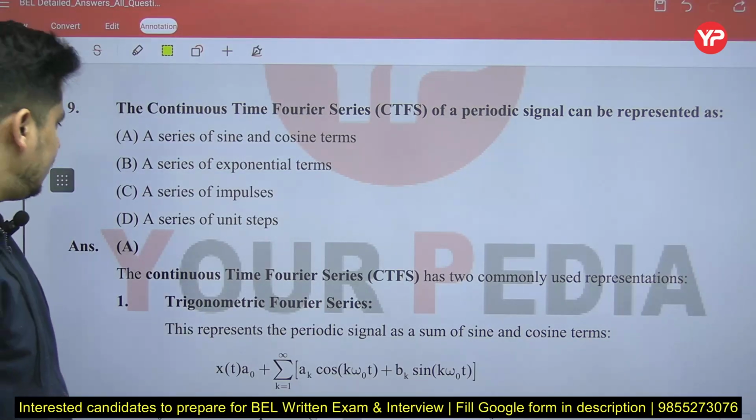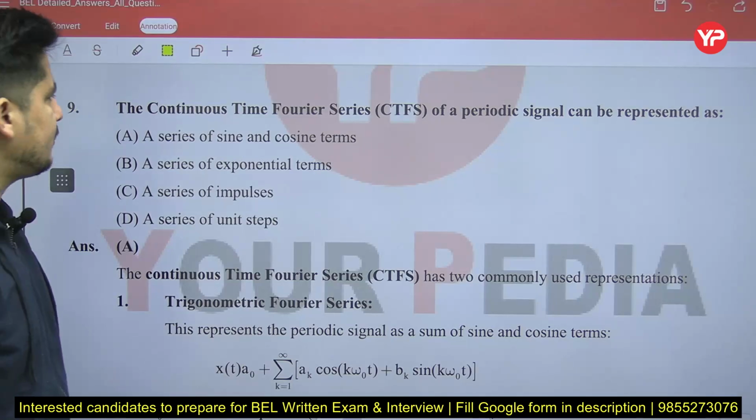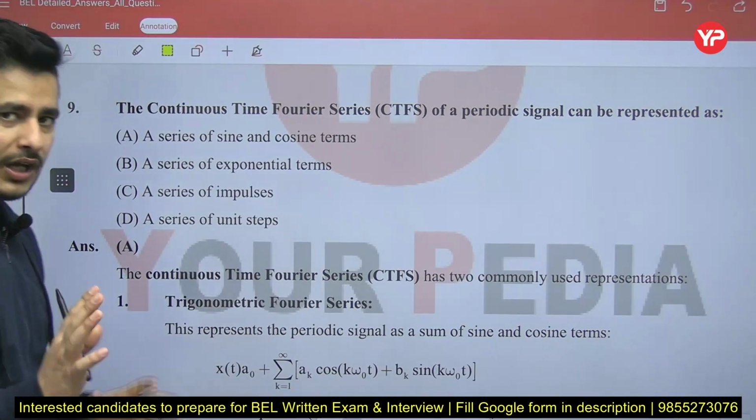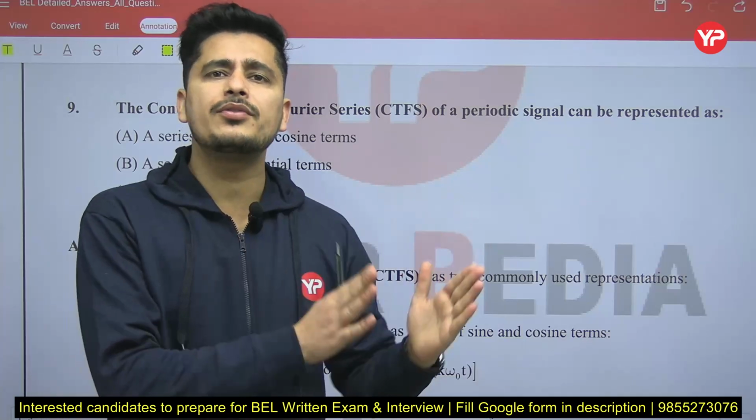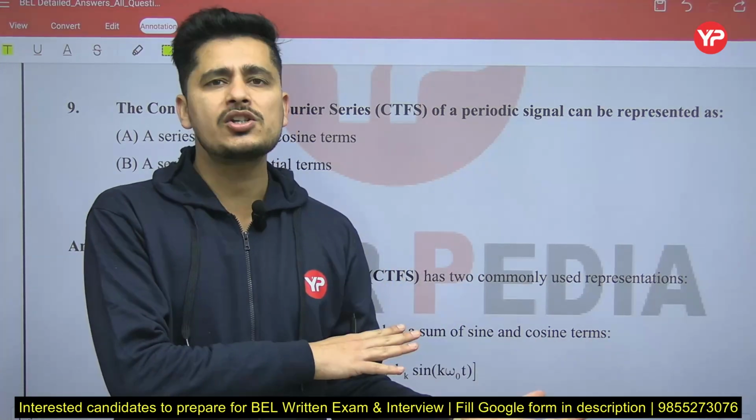See, basically I think two answers are possible, because we have two types of Fourier series you have studied. The first type of Fourier series is what? Exponential Fourier series.